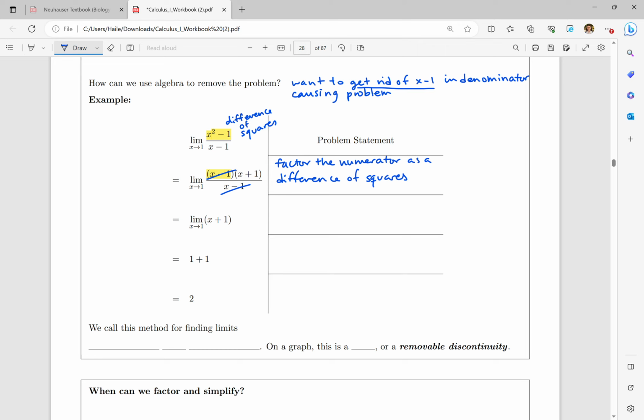So from the second to the third step, we're canceling the common factor, x minus 1. And now we've removed the issue with the original problem.